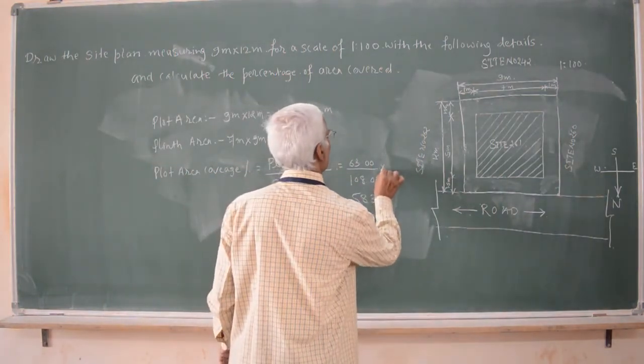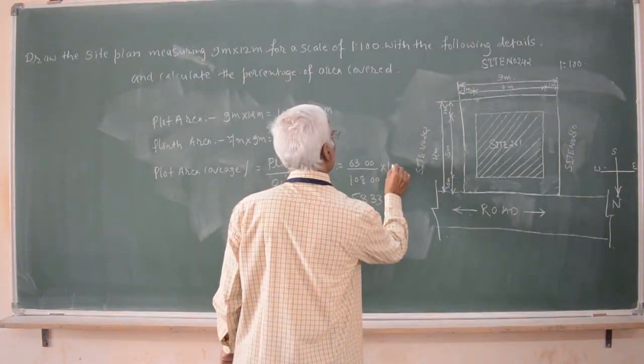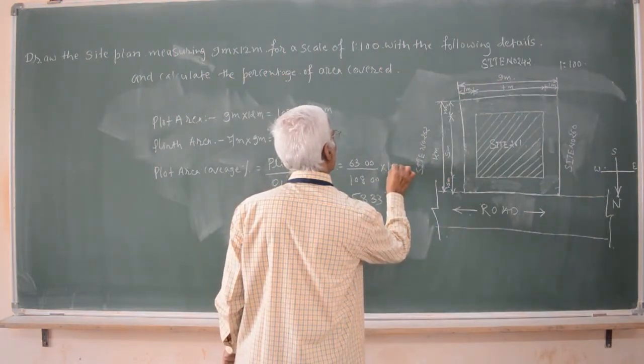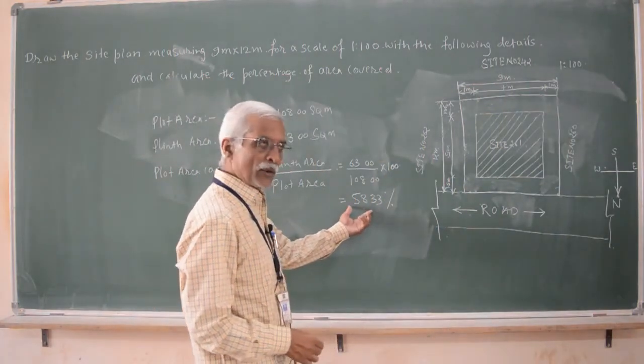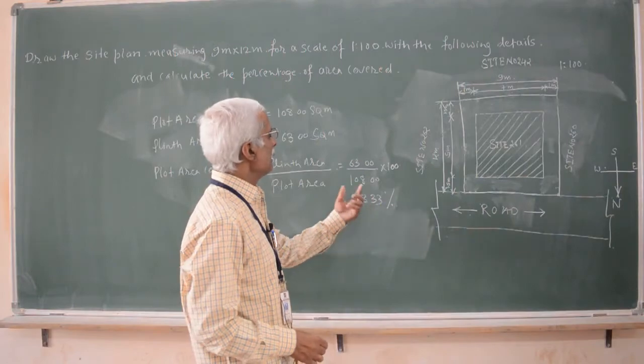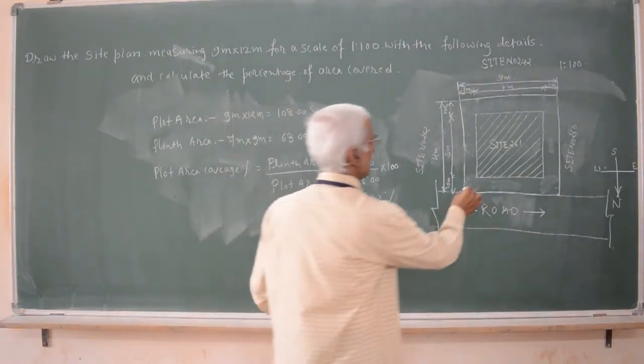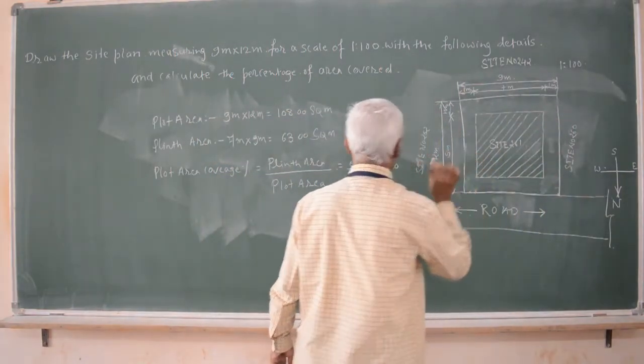You have to make it 100. Okay, that means you have not covered 100% of the plot area. You have covered only 58.33. The remaining portion is your setback area. Okay.